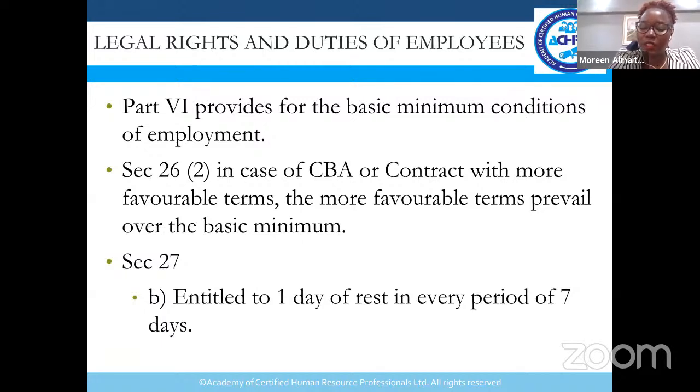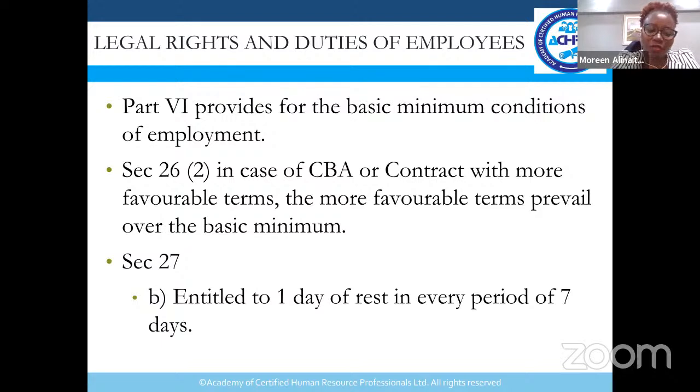In most organizations, their rest day is usually on a Sunday, right? That is common in Africa. In the Arabic countries, we have Friday. Many people are off work on Friday. So depending on where your organization is set up, you have at least 1 day of rest, which can vary.